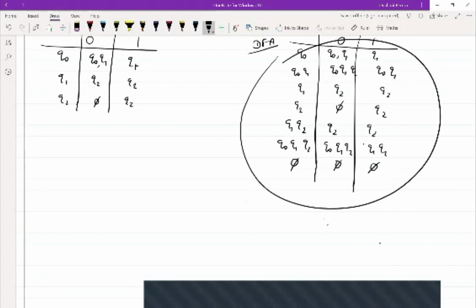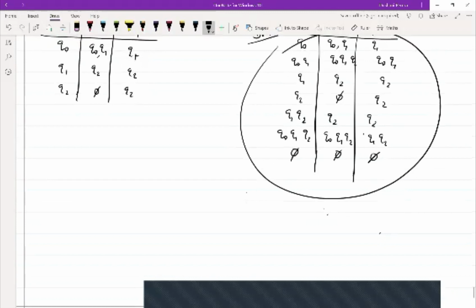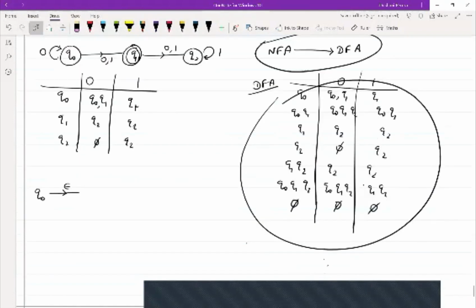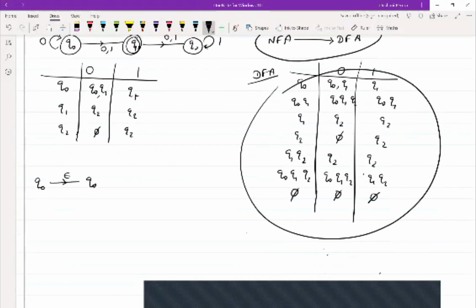Now just like we did earlier, if we start from the zeroth state Q0 and see what the e-closure of this state is, given the diagram, the e-closure of Q0 is Q0. Then check where it can go.